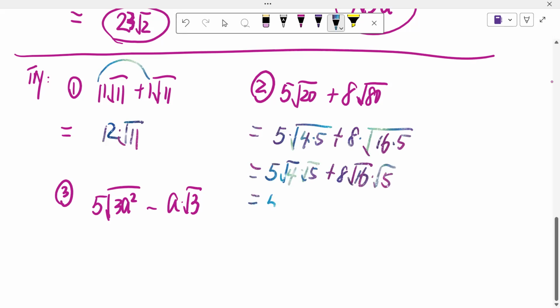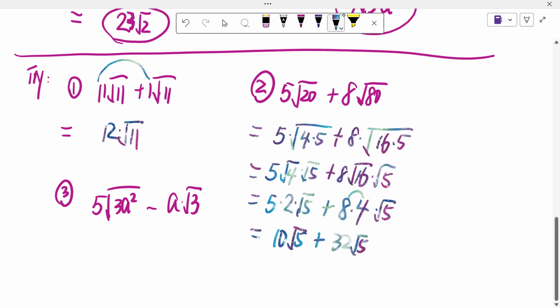So this first one is 5 times 2 square root 5. Second one, 8 times 4 is square root 5. 5 times 2, 10 square root 5 plus 4 times 8 is 32 square root 5. Now keep the radical 5 and add those two numbers. 10 plus 32 is 42 square root 5.